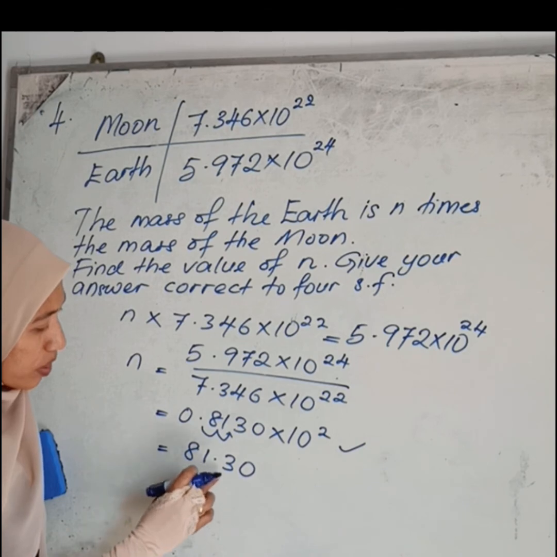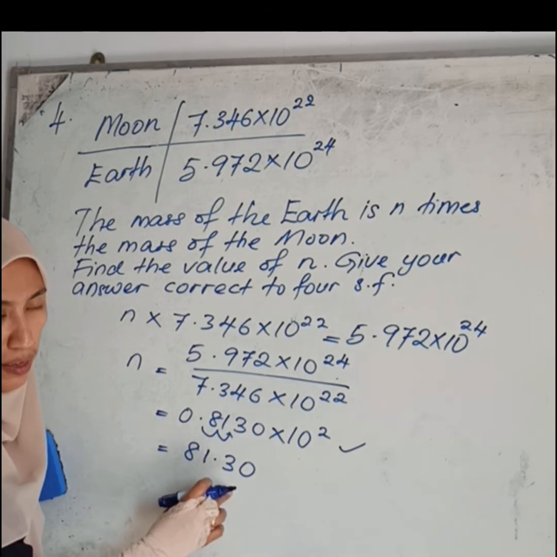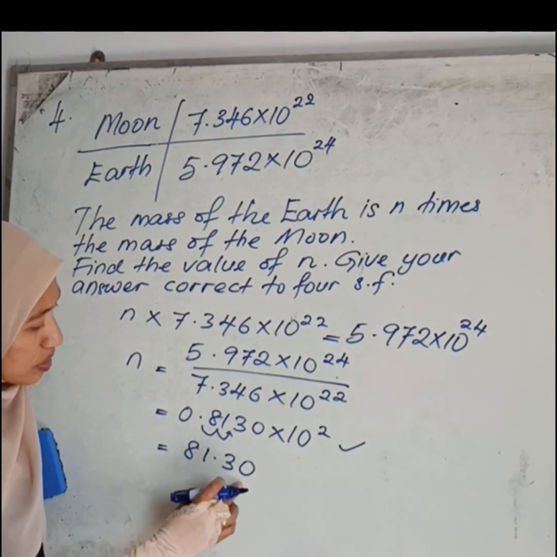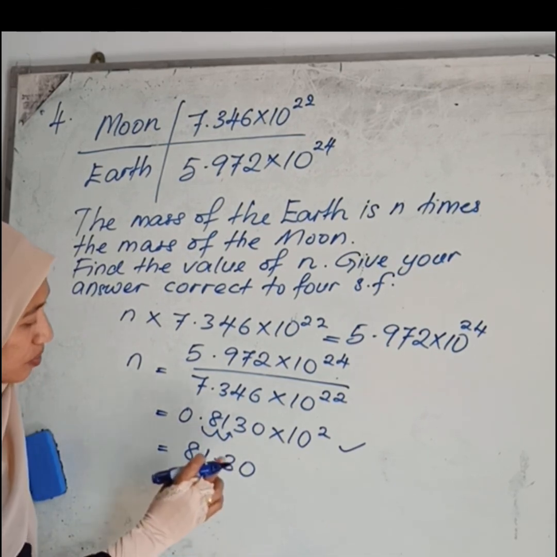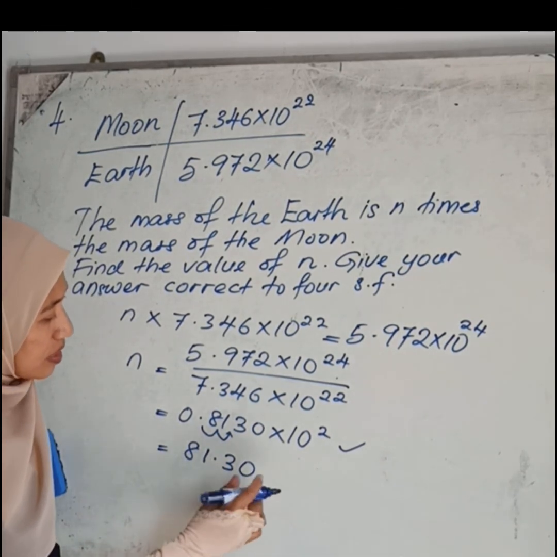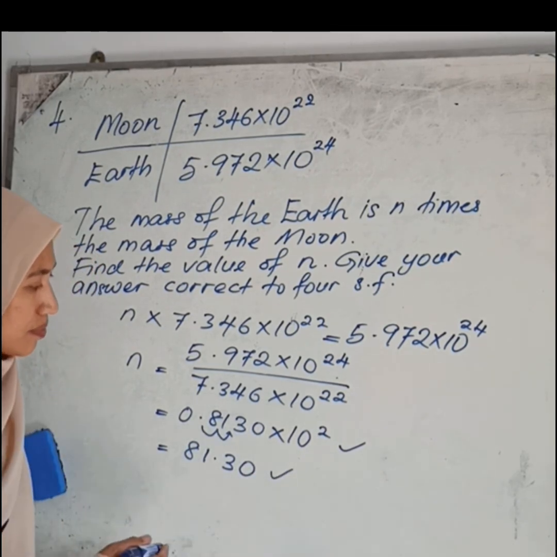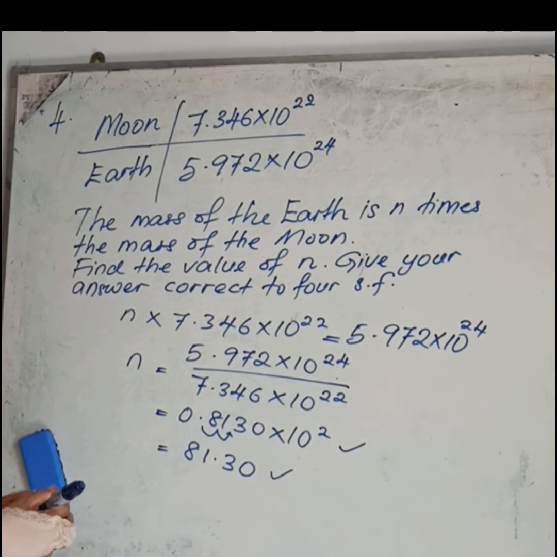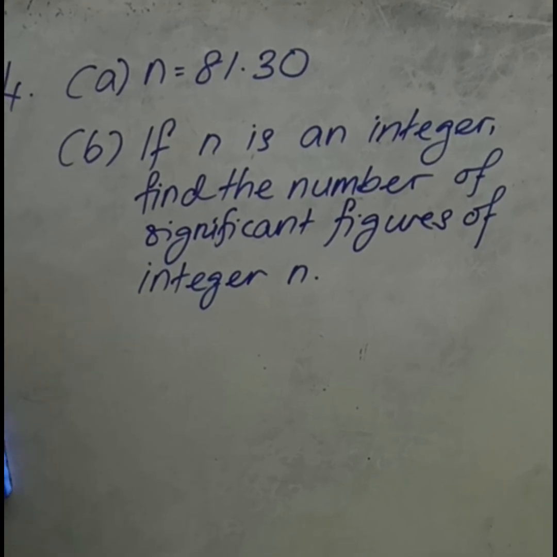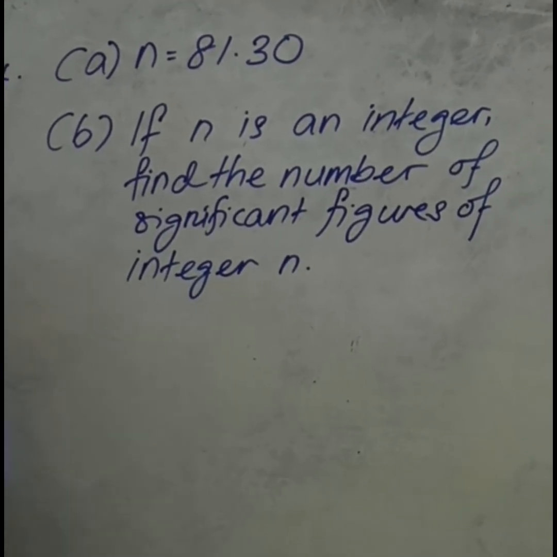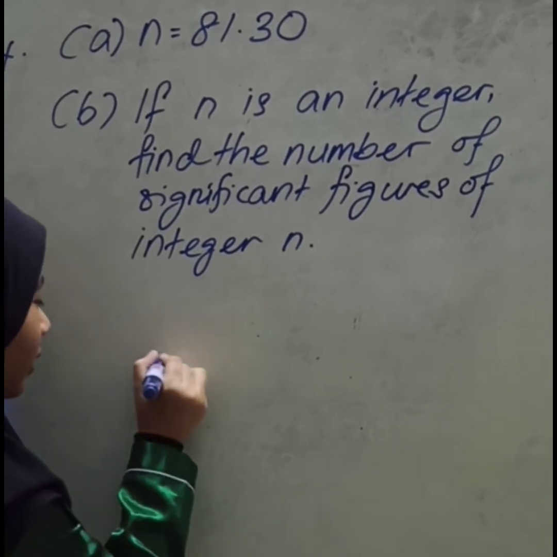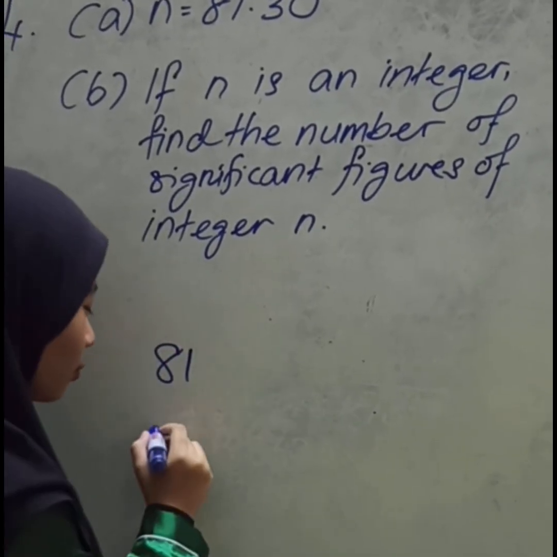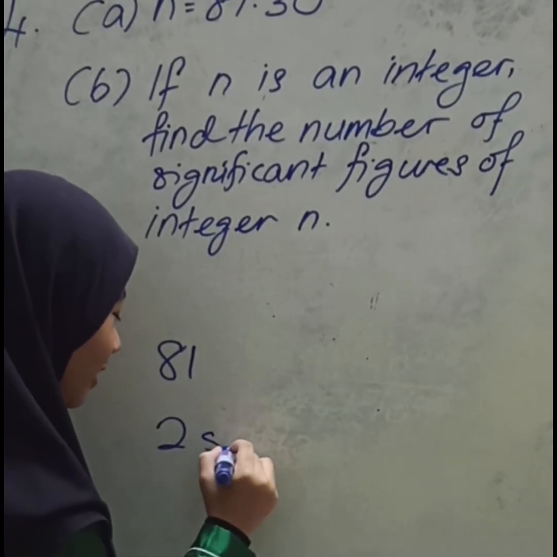Okay, 81.3 is only 3 significant figures. So zeros after the decimal are significant. So 81.30 is acceptable. Okay, thank you. Okay, n is 81.30. If n is an integer, n is 81. 81 is 2 significant figures.